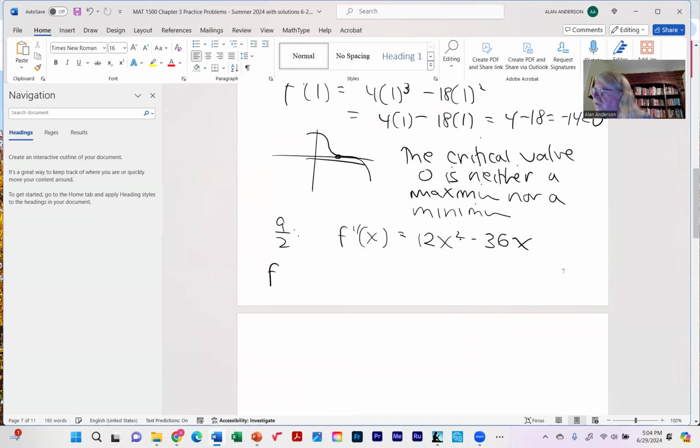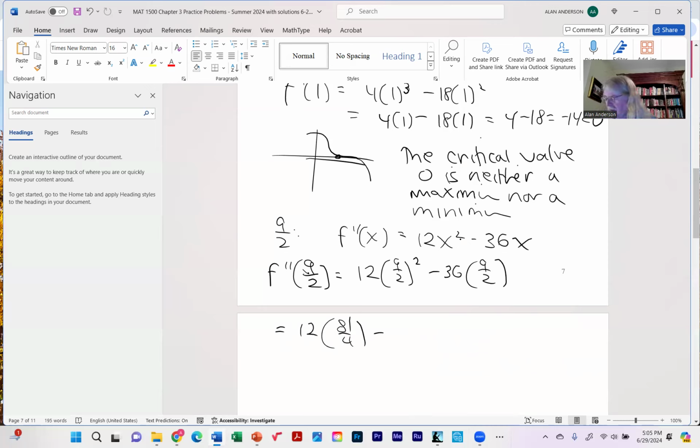Let's evaluate that at 9 halves. 9 times 36 is 324. So we have 972 over 4.